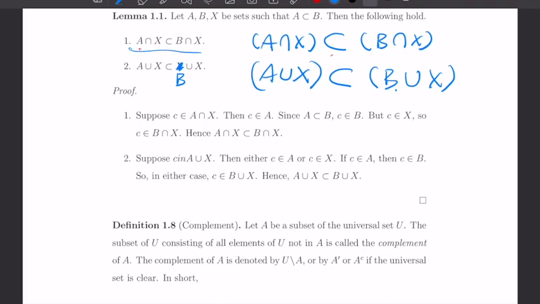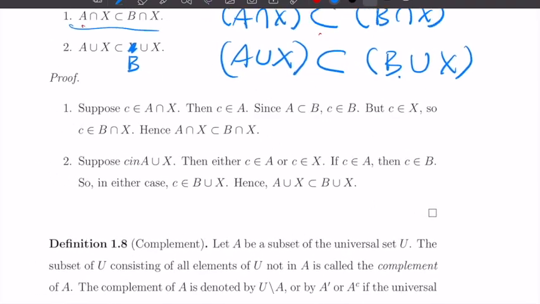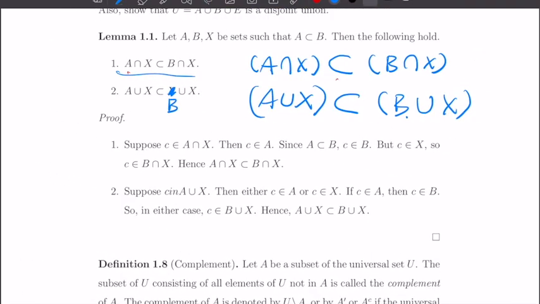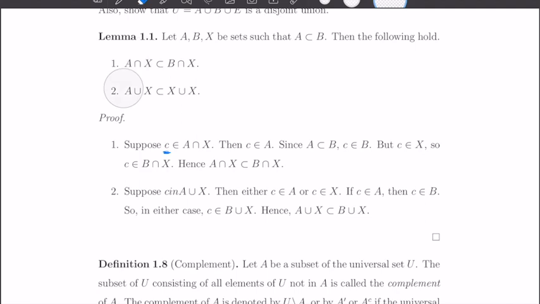And you should get used to the logic here. Let's prove the first one. Suppose C is an element of this. Why do we suppose this? Because we want to prove this is a subset of this.